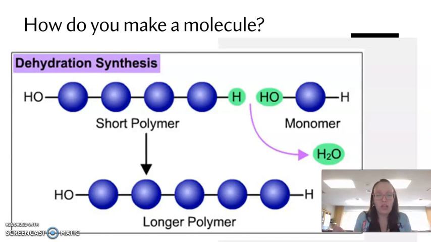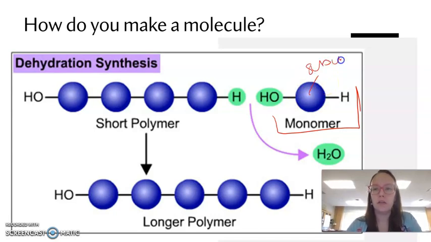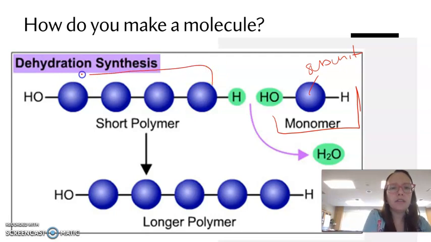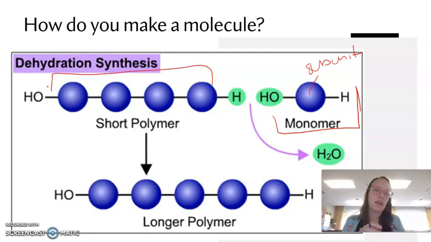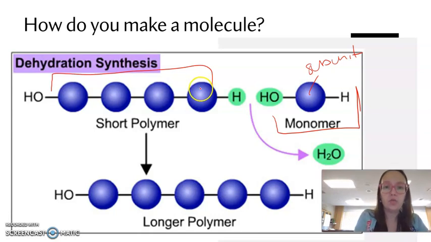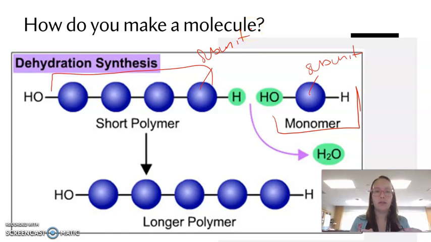Let's see, what does that look like? So in this picture, in this diagram, we have one monomer over here, right? This little circle is representing whatever subunit this is. Just a very general picture. They could be carbohydrate units, they could be proteins, whatever it is. It's some subunit, it's some monomer. And over here is a chain, a little polymer that I've created previously, and each one of those is a subunit. But I want to put these together.